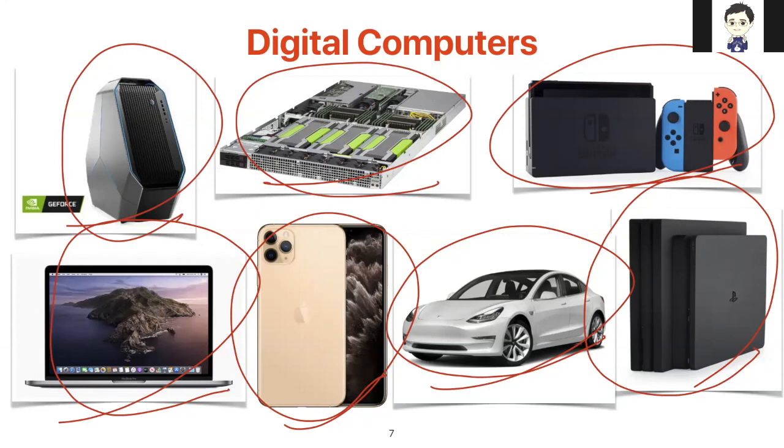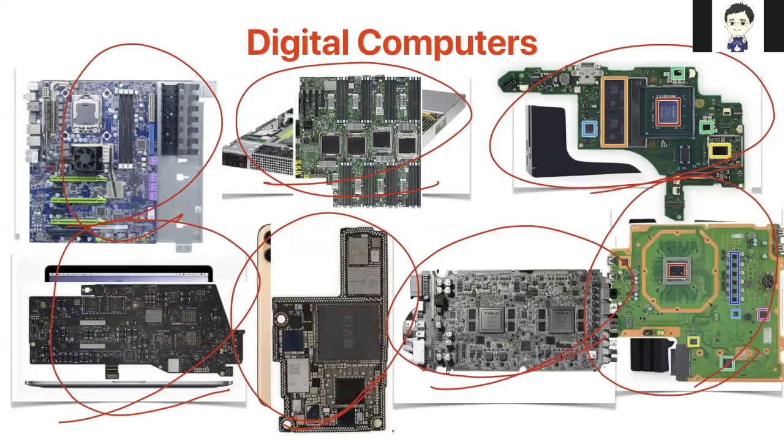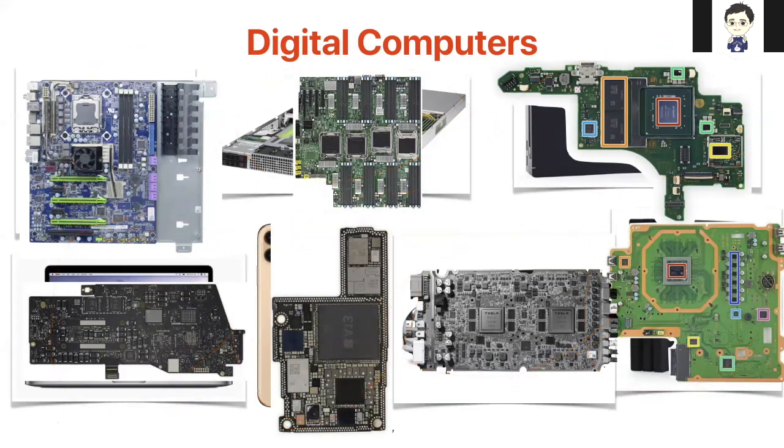If you tear them down, you will figure out those digital computers have a lot of commonality, in a way that they all have a circuit board, they all have a few processors, and they all have a few slots where you can put another circuit board, for example, your DRAM, and whatever accelerator card you have to assist the operation of the computer.